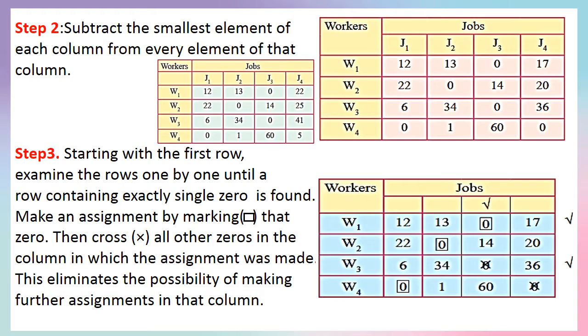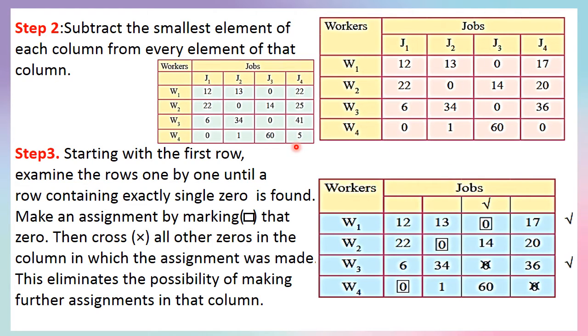Now we do the same procedure along the columns also, that is finding the smallest element of each column and subtracting it from the remaining elements. Here you can observe the previous matrix is written. The first, second and third columns have the minimum element 0, so there is no change in the new matrix for these columns.